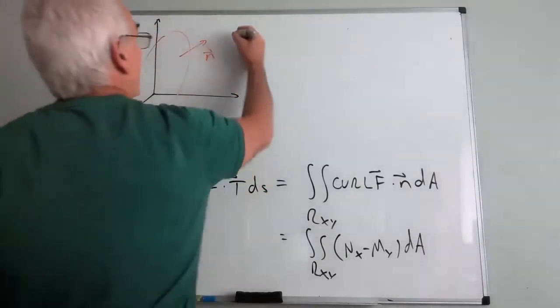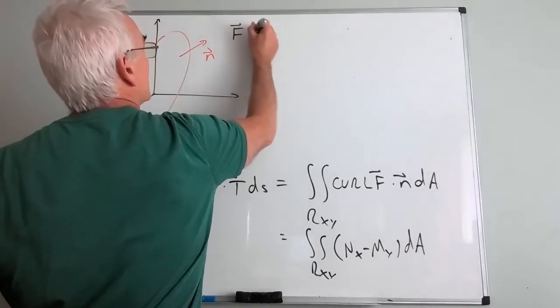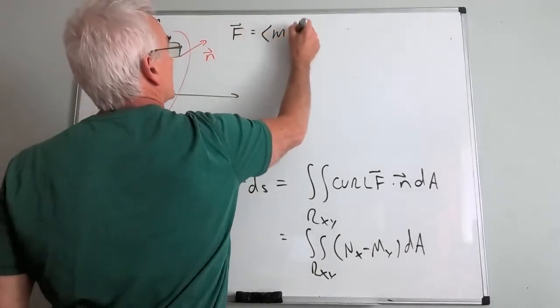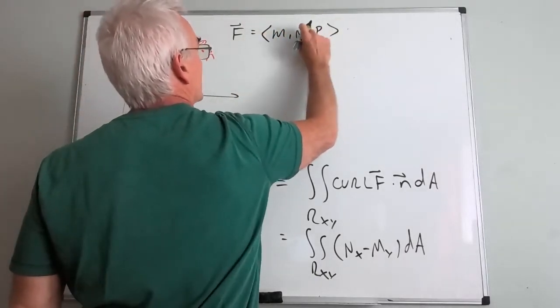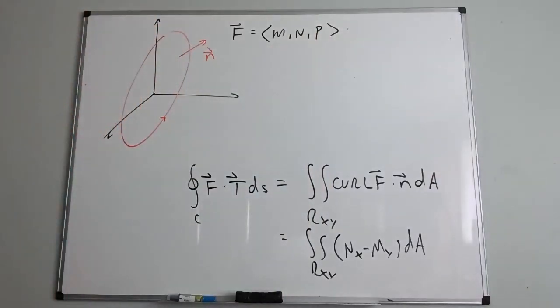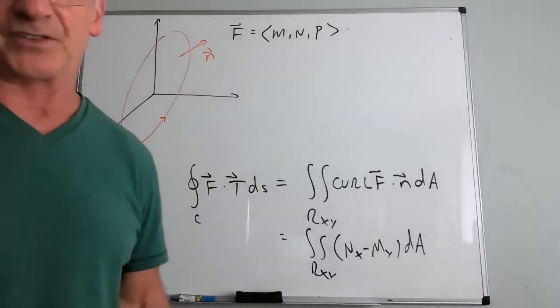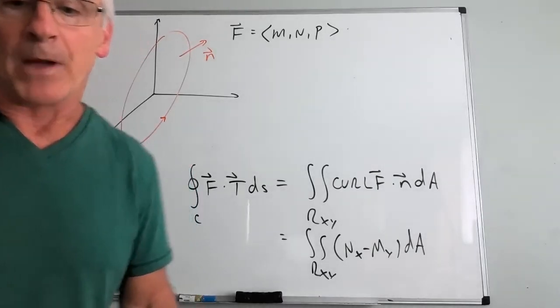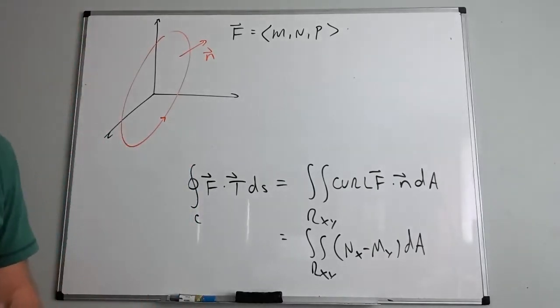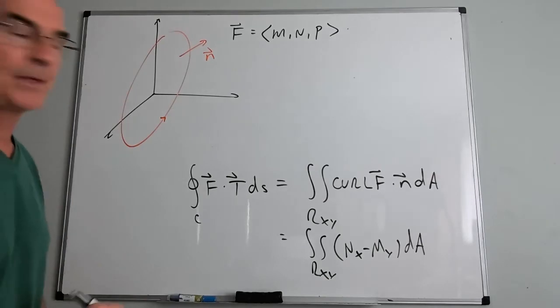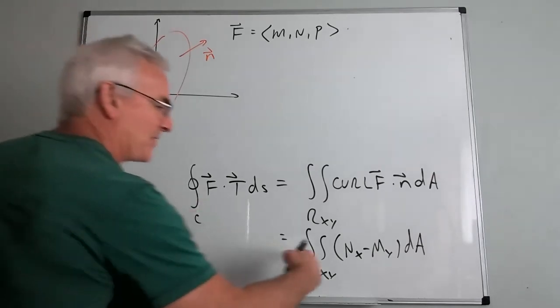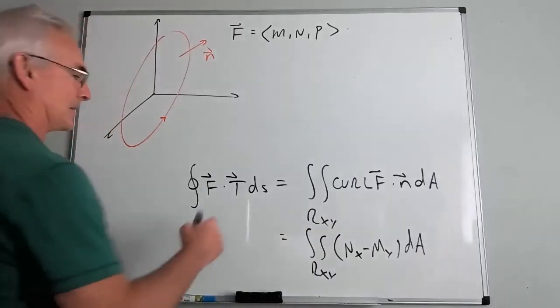Well, first of all, my F now is M, N, and P. Like before, all 3 functions are functions of X, Y, and Z. Okay, that part stays exactly the same. My path is M, N, and P, but if I make that my path, then this is not exactly the same.